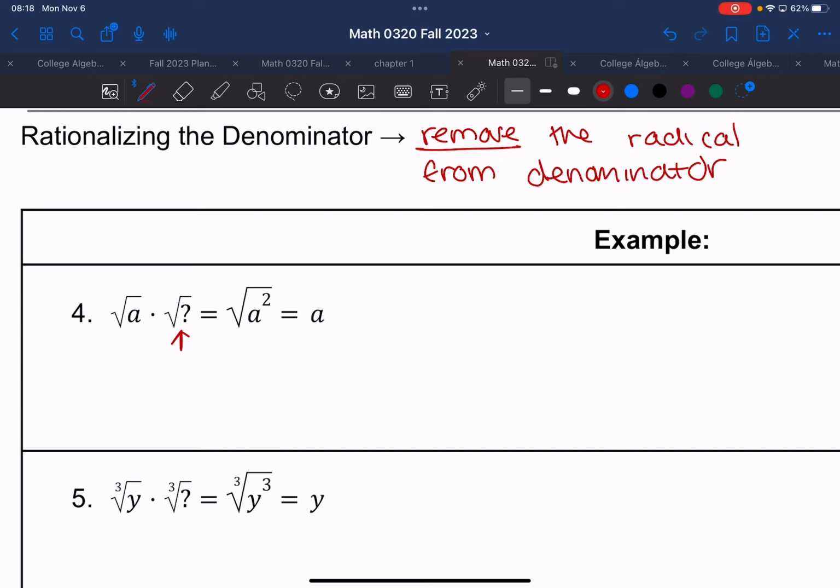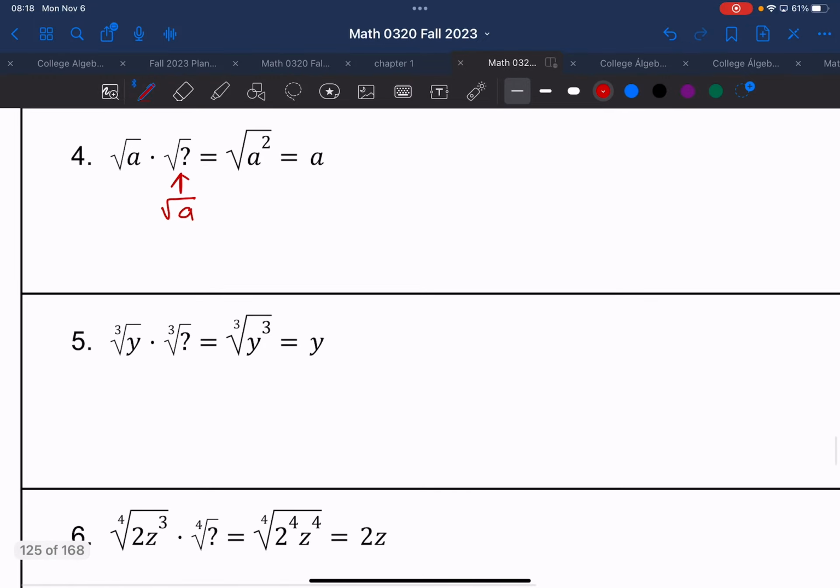It would have to be a. This would have to be the square root of a, because we know with the properties, square root of a times the square root of a is the same as the square root of a squared. We can multiply whatever is inside the radicals. So that's all for number 4, just talking about that concept.